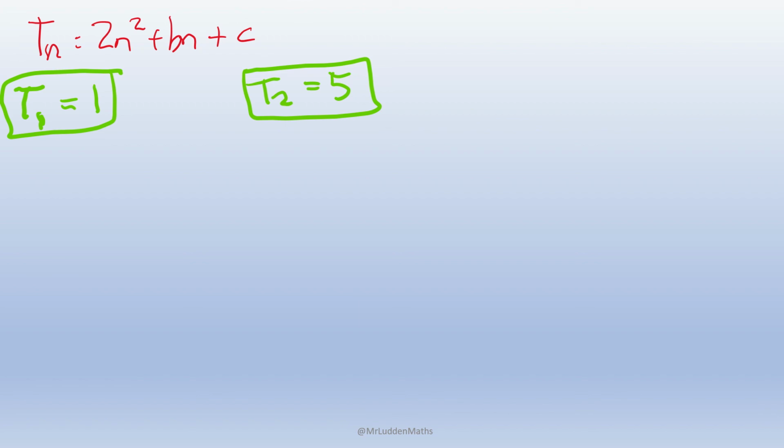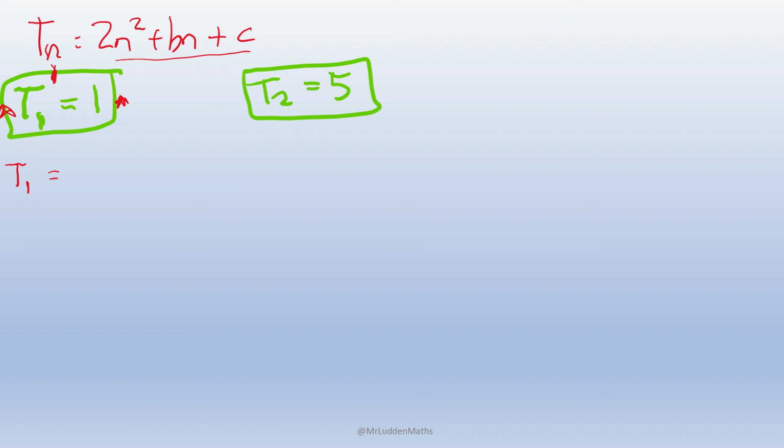So right now, all that we're dealing with are these three things here. So what I'm going to do is substitute this fact here, my T1 is equal to 1, into my formula here. So I'm going to have that T1. Now I've substituted 1. If you compare these two together, I've taken out my n, I've put in 1.